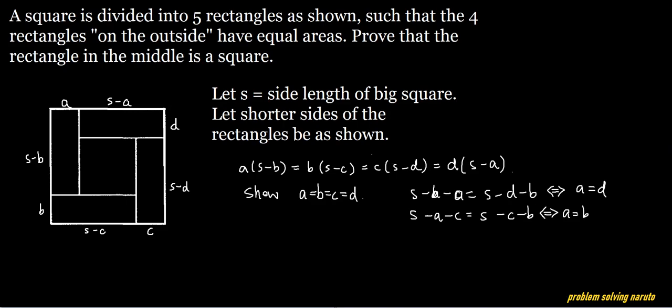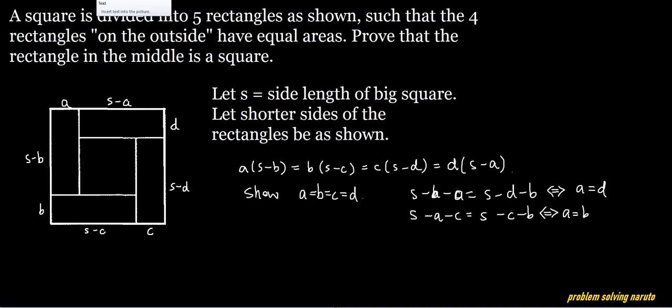That's why this is a problem worth looking at, because its solution is quite outside the box. So imagine here, that's what we want to show. We want to show A equals B equals C equals D.